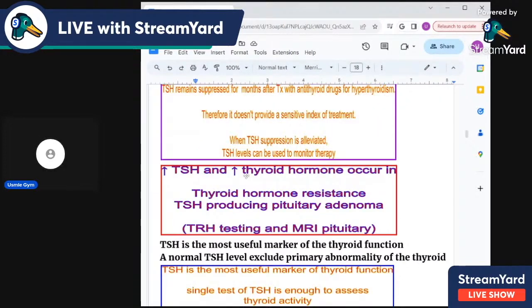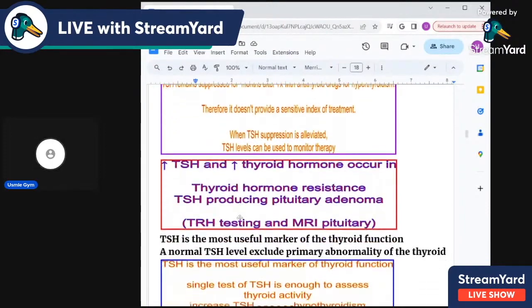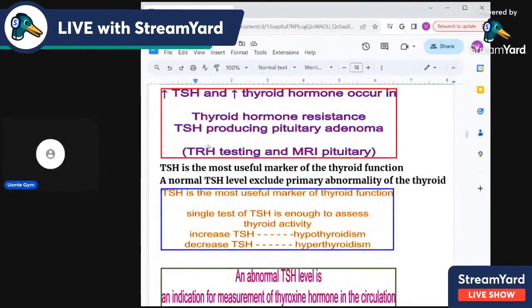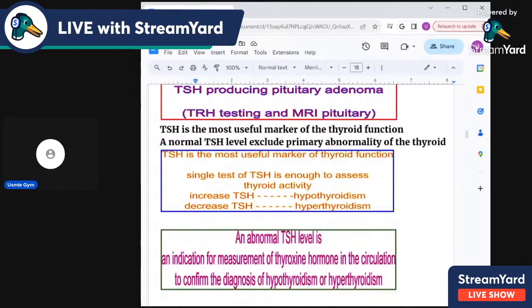Increased TSH increases the thyroid hormone, and this occurs in TSH-producing pituitary adenoma. So then we need to investigate TRH production from the hypothalamus, and do an MRI scan of the brain and pituitary.